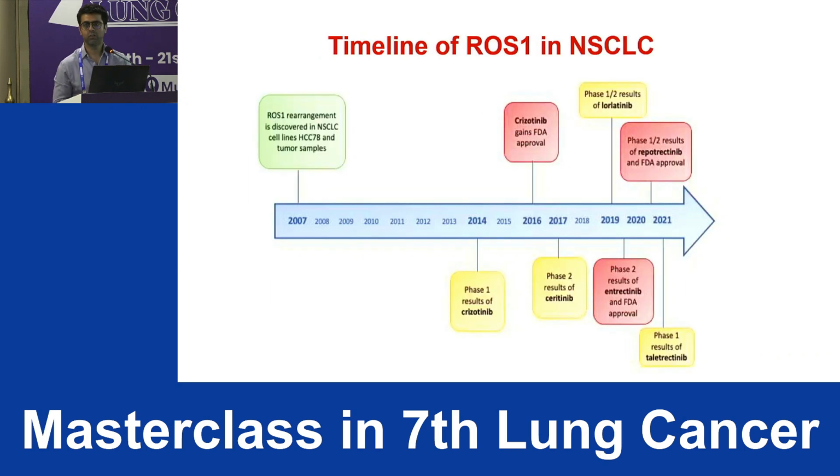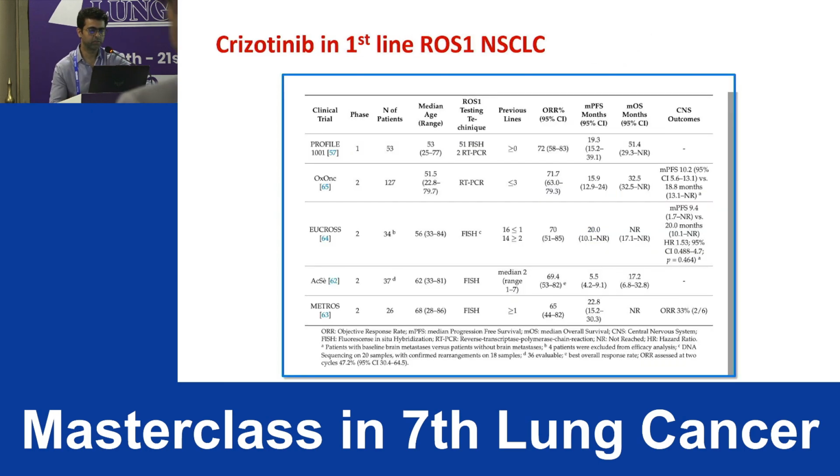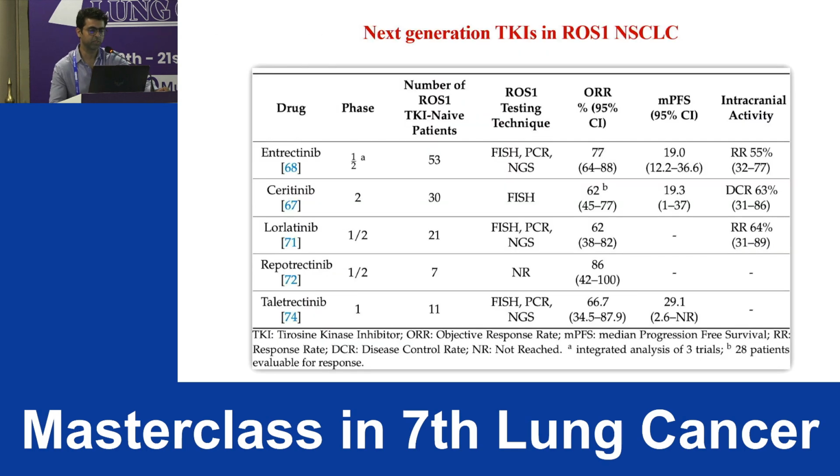This is the timeline of ROS1 in the NSCLC advanced setting. ROS1 rearrangement in NSCLC was first identified in the year 2007, and crizotinib received first-line approval by the FDA in the year 2016. These are the first-line ROS1 TKIs, especially the crizotinib trial, the PROFILE 1001 trial, based on which the FDA approval was given.